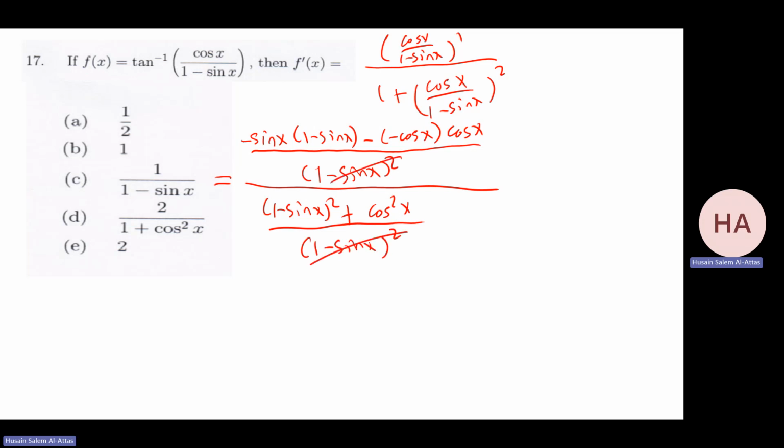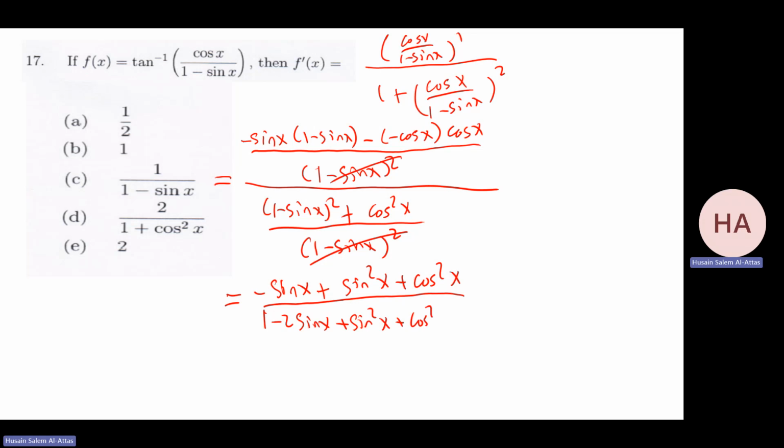This is cancelled. What are we getting? Minus sine x plus sine square plus cosine square, over 1 minus 2 sine x plus sine square plus cosine square.